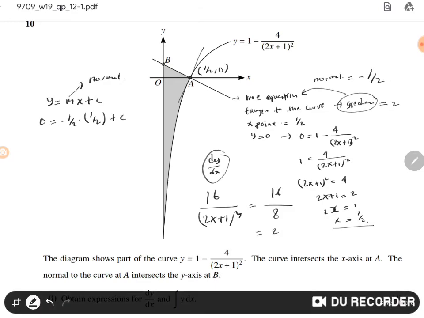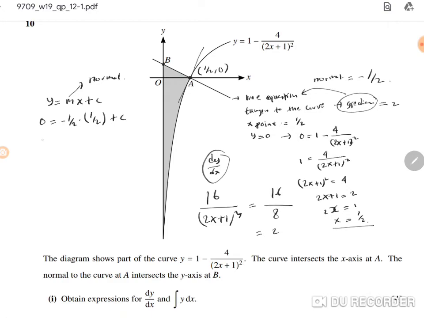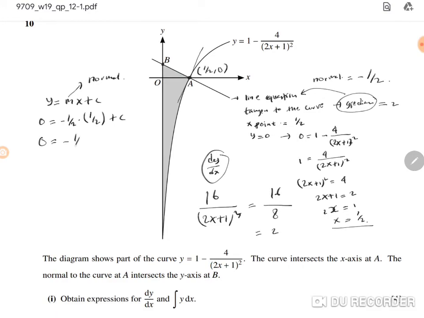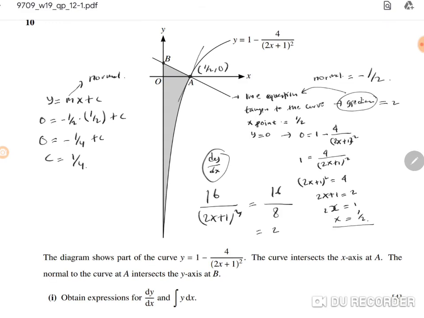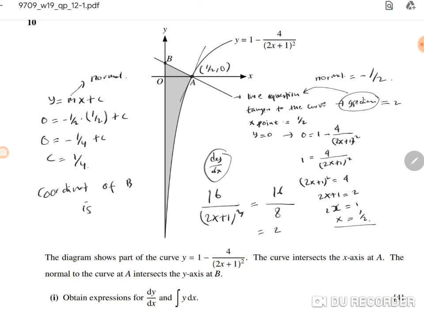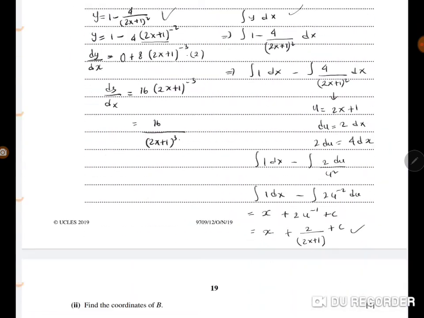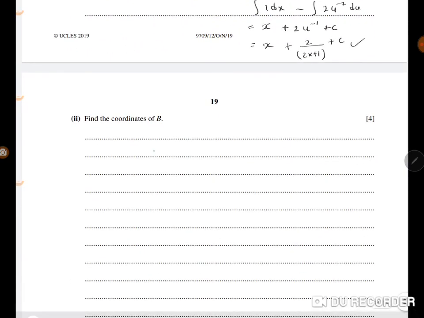Here c is the y-intercept. So 0 equals negative 1 over 4 plus c, then c equals 1 over 4. So the coordinates of B are x is 0, y is 1 over 4. Yeah, you got it. This is for B: the coordinates of B are (0, 1 over 4).